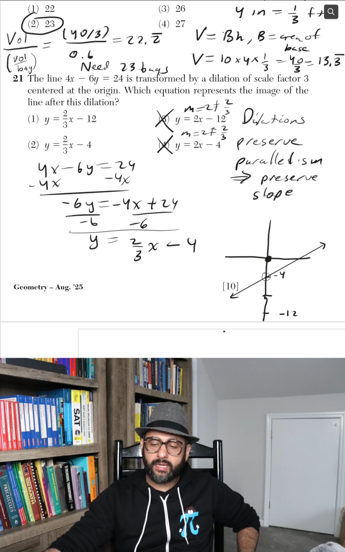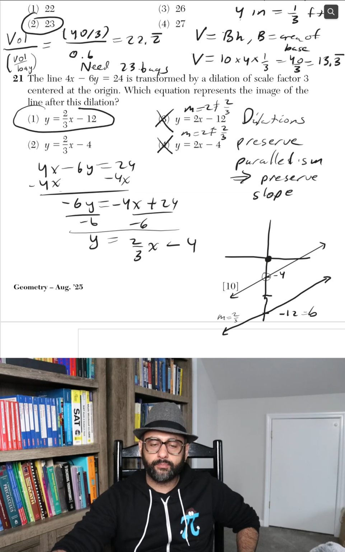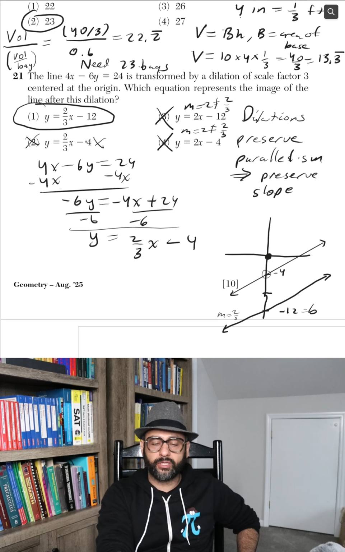The dilated line goes through that point, with the same slope. So the one that has a y-intercept of negative 12 is choice 1. I already knew that this one was going to be false, because the origin is not on this line, so the dilation was going to be strictly farther away.